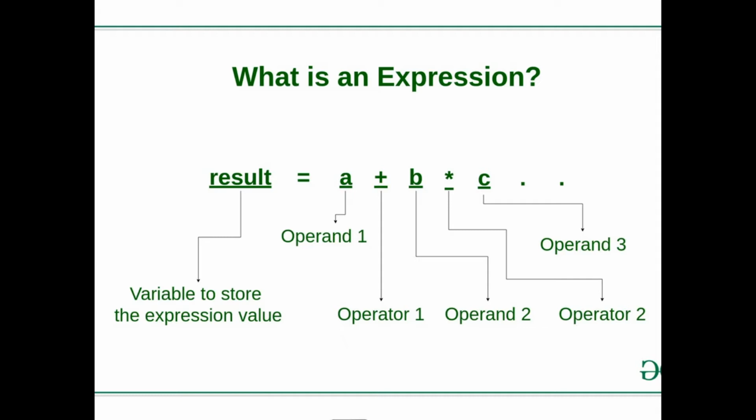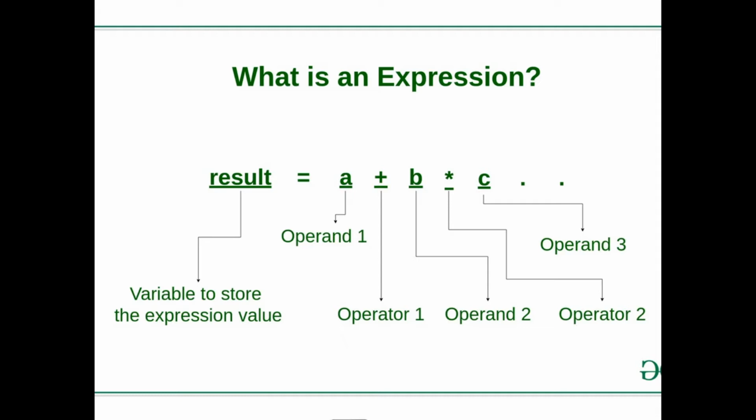As you can see in the slide, the variable result is where we are storing the output, and A, B, C, on which we are working, are the operands.